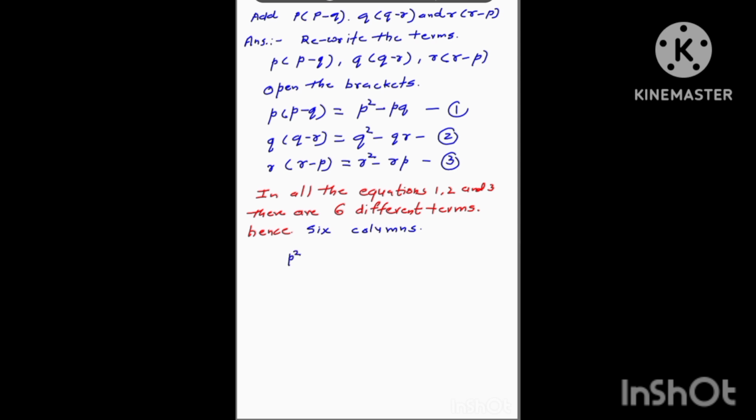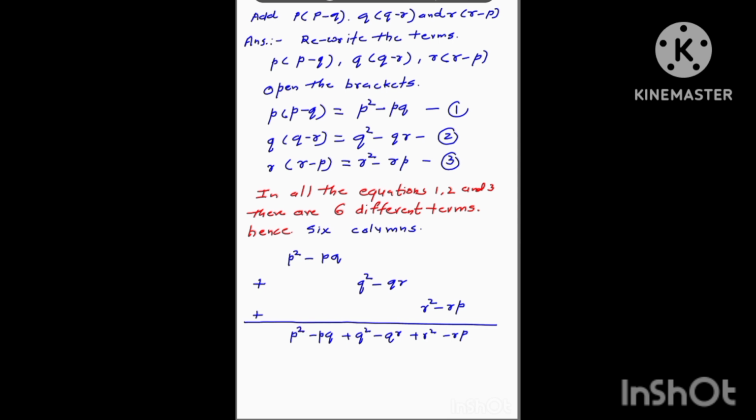Okay, so we are actually carrying out the addition. P square minus pq. Now q square, as there is no q square in the first, we write it separately, q square minus qr. And the third one is r square minus rp. All terms are different, so we have 6 different columns. Then generally we start from the right hand side: minus rp plus r square minus qr plus q square minus pq plus p square.